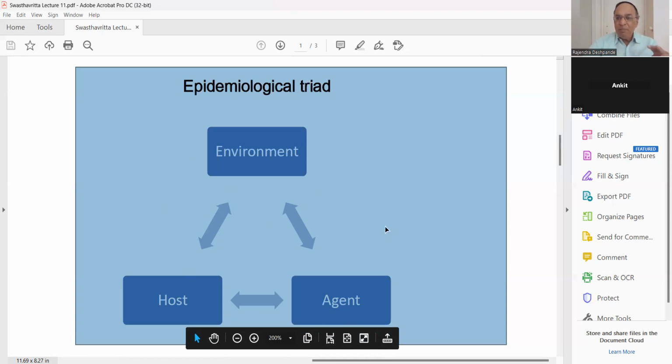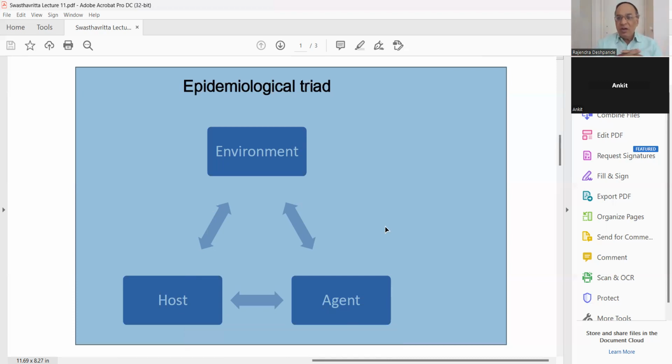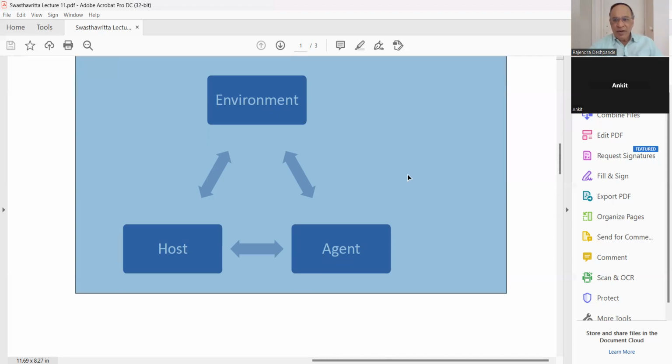So all these 3 together make the problem of disease. These 3 things are very important for the formation of disease. So they are called an epidemic, the spread of the disease. Epidemiological triad: environment, agent, and host. These 3 words are very important.